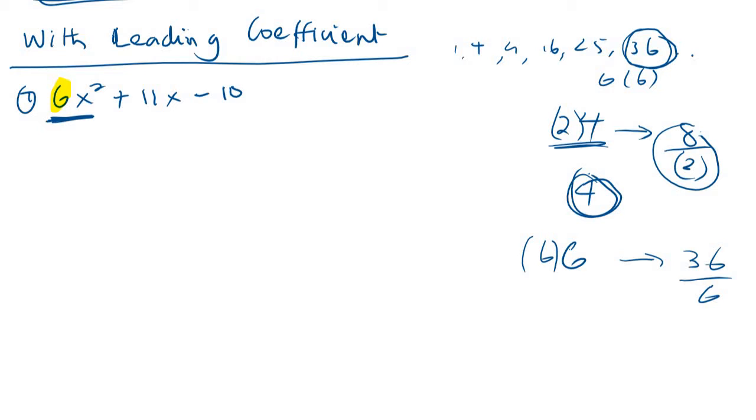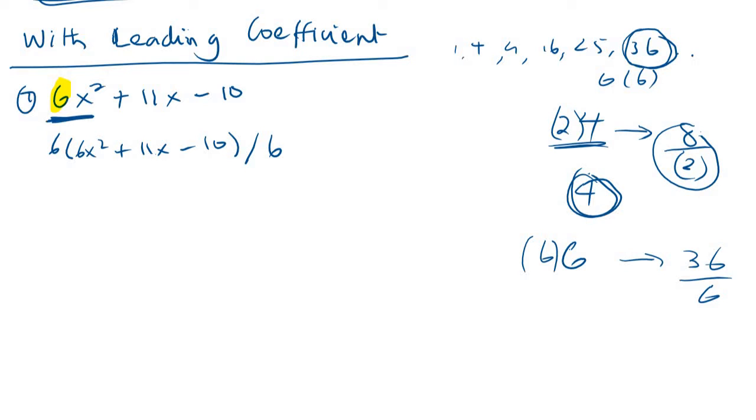So I need to multiply all of this by 6. So I start again. It will be 6 times 6x squared plus 11x minus 10. I need to divide by 6 at the same time.